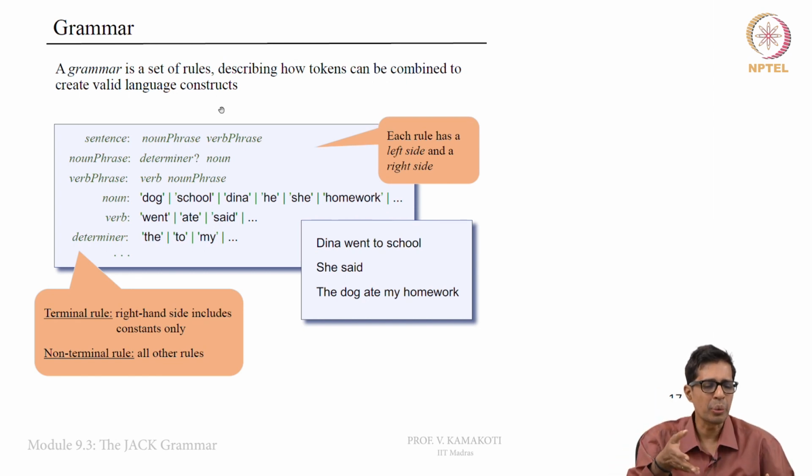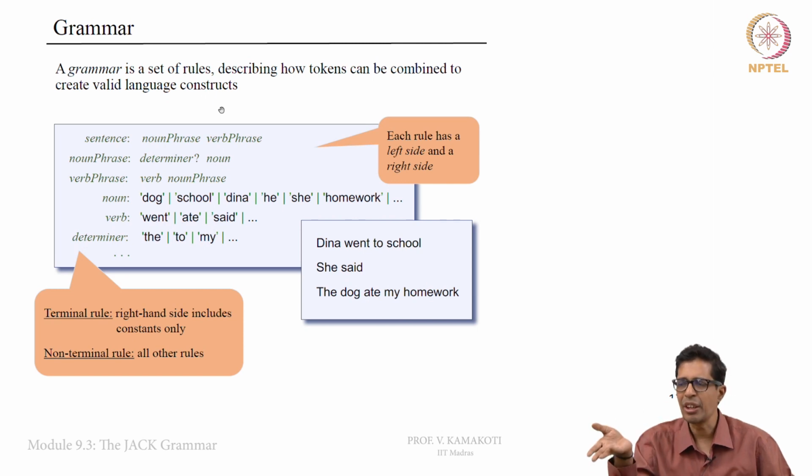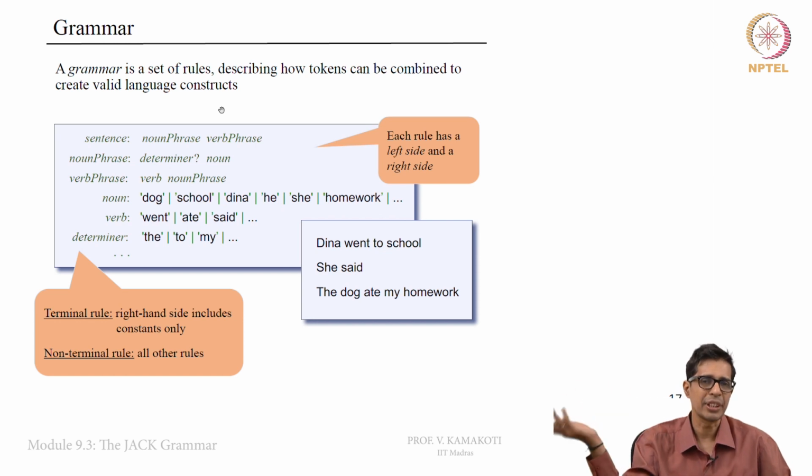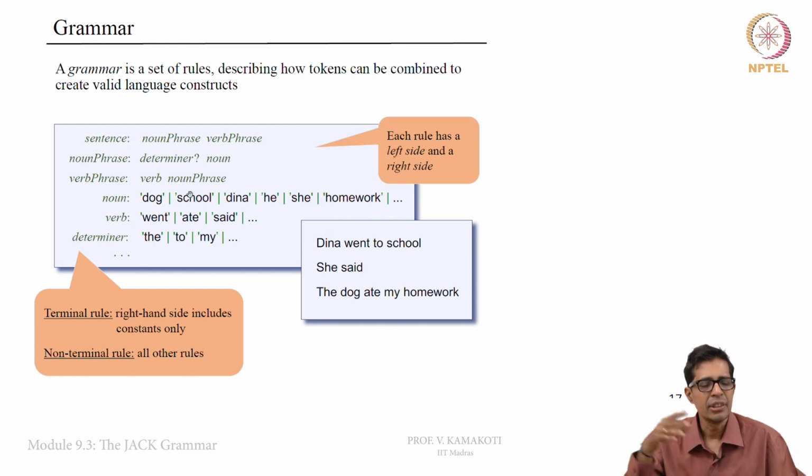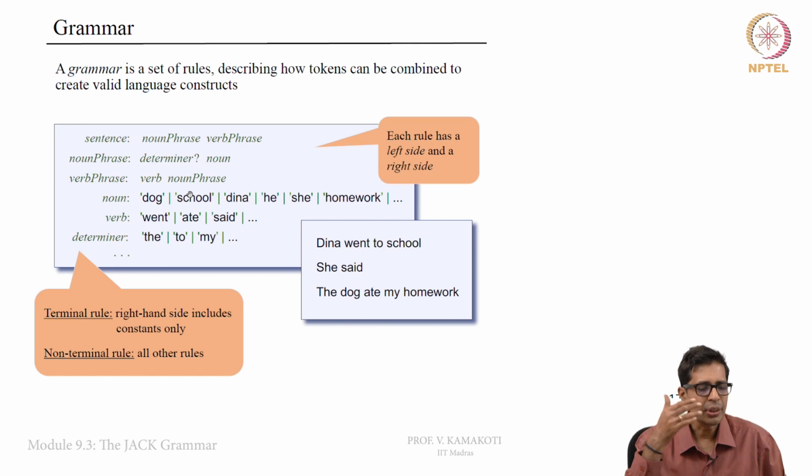A terminal rule is one in which whatever you see on the right hand side is a terminal; it does not yield anything else. The terminal rules are noun, verb and determiner, because noun leads to dog or school or Dina. The pipe symbol stands for or, so it stops there. So noun, verb and determiner are terminal rules, while sentence, noun phrase and verb phrase are non-terminal rules.